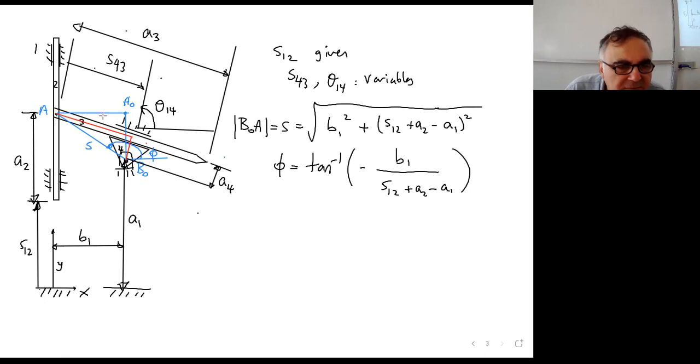So this is S4, S43 here. This is A4 here, and this is S, as you see. That's a right angle triangle. So you can write, for example, S43 is equal to the square root of S squared minus A4 squared.